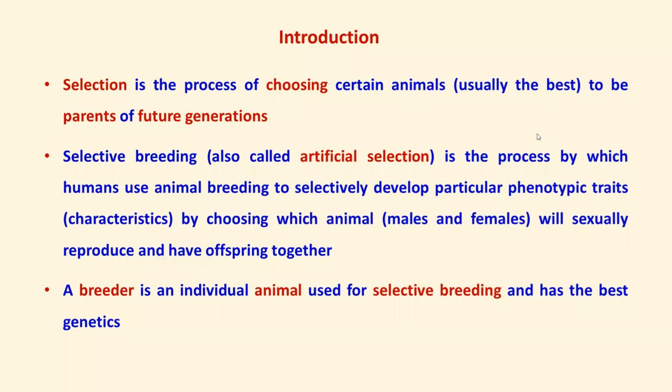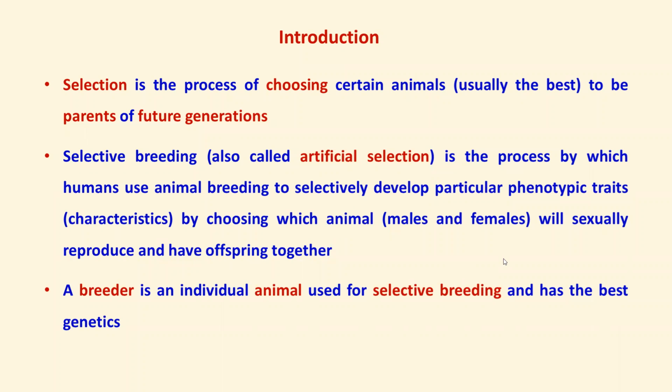What happens is, first you choose the best male and female animal in the herd, then you allow them to reproduce and to make the next offspring generation. What you expect out of selection is, as you are selecting the best male and female in the herd, the next generation of offspring will have a better performance for the traits for which you are selecting those animals.